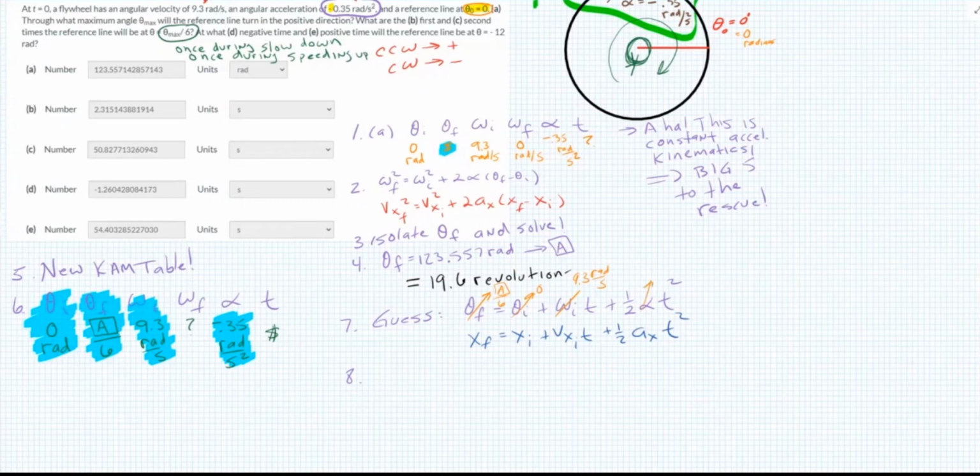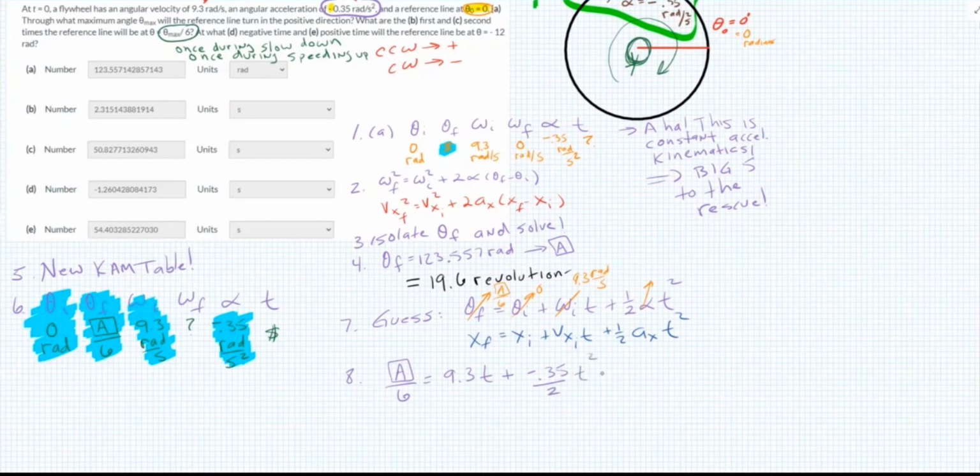Well, maybe not quite yet, but I have theta max over 6, calculator memory location A, divided by 6, equals 0 plus 9.3 radians per second times T plus a negative 0.35 radians per second squared over 2 times T squared.